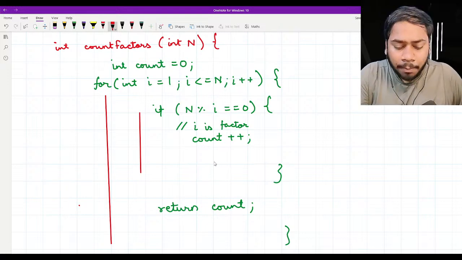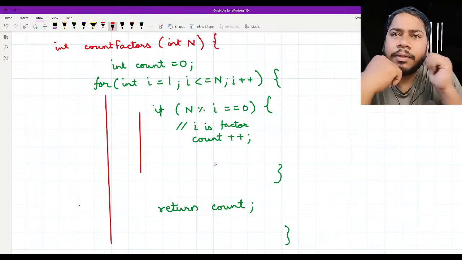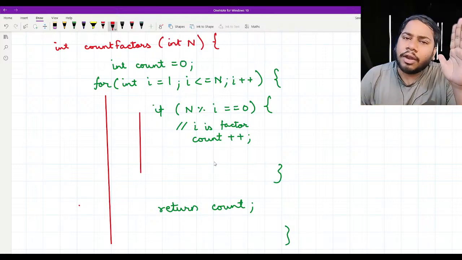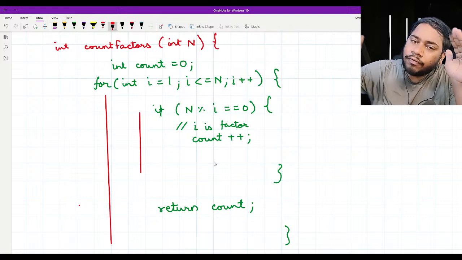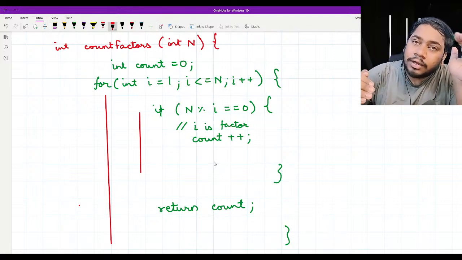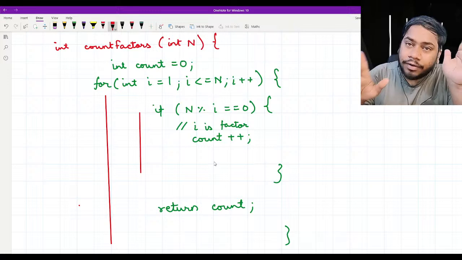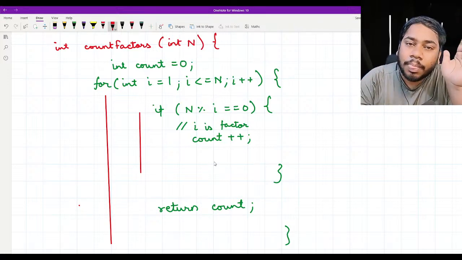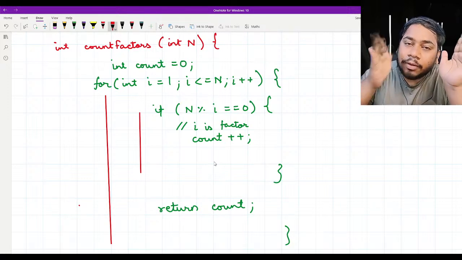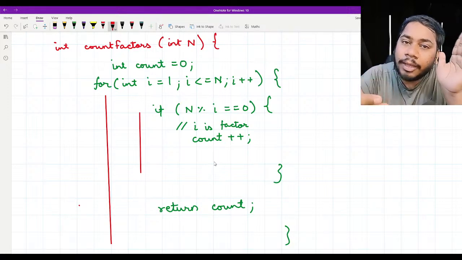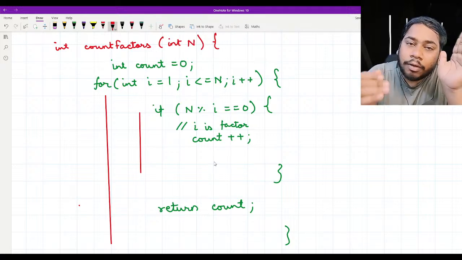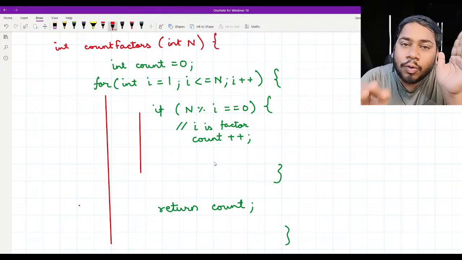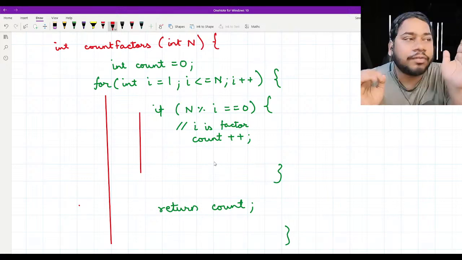Understood. But can you guys understand one thing? Here we have to start from 1 and go till n. If the value of n is 100, then this loop will run 100 times. And if the value of n is 1000, then that loop has to run 1000 times.